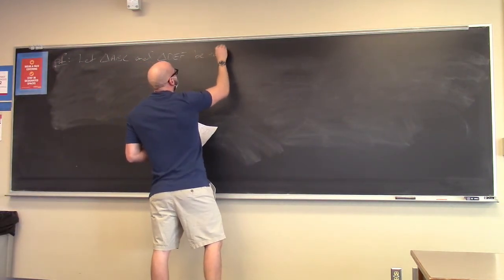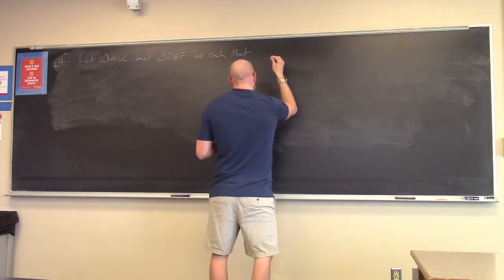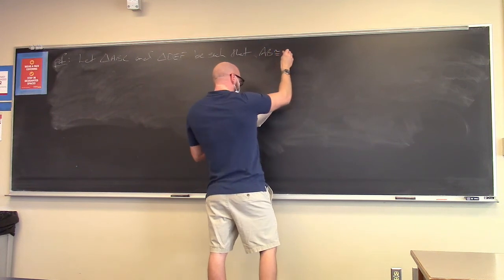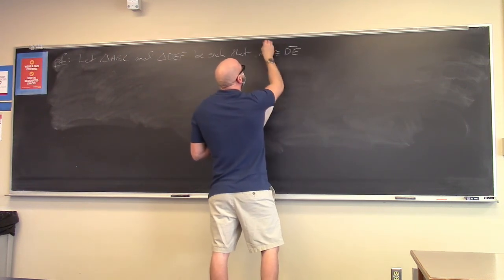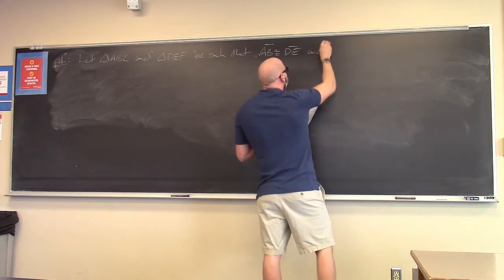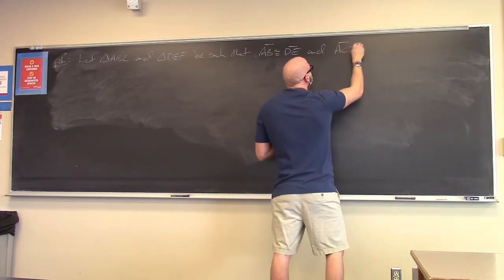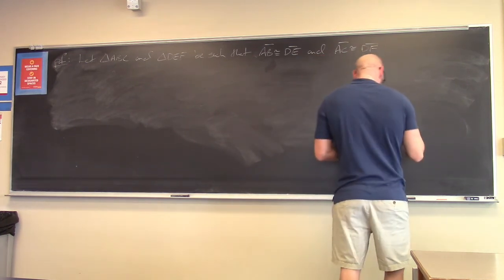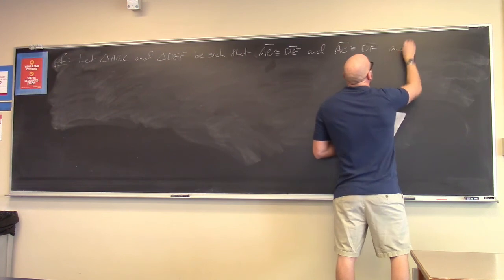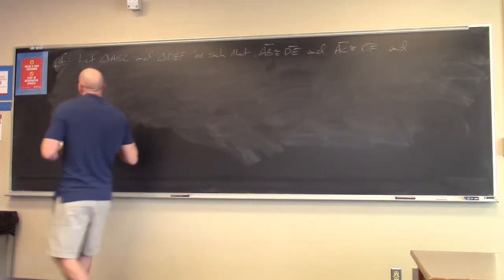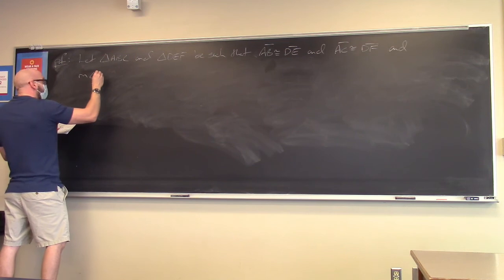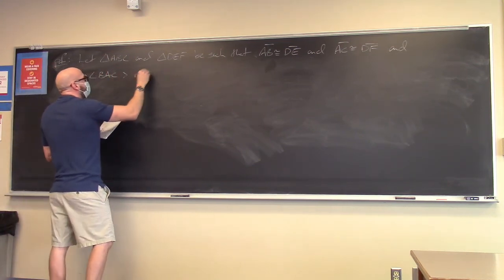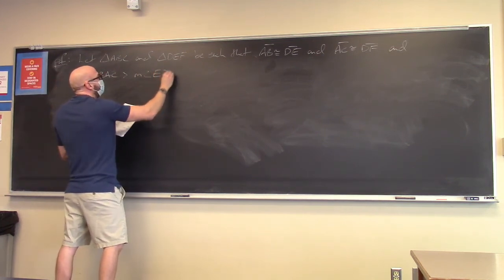So be such that side AB is congruent to side DE, and side AC is congruent to, excuse me, DF, and the measure of angle BAC is greater than the measure of angle EDF.